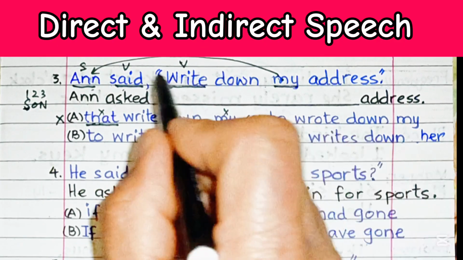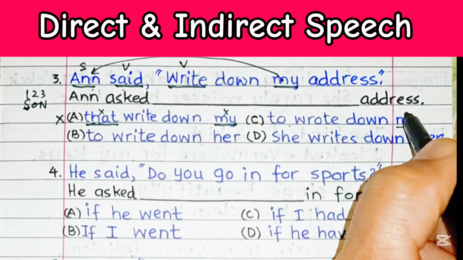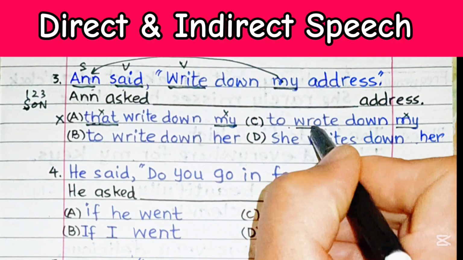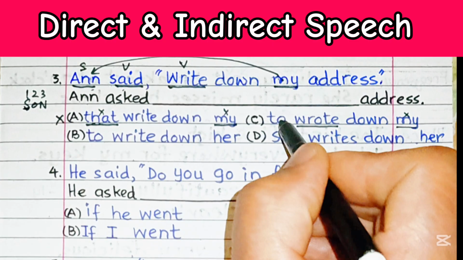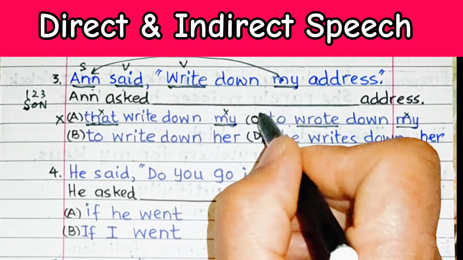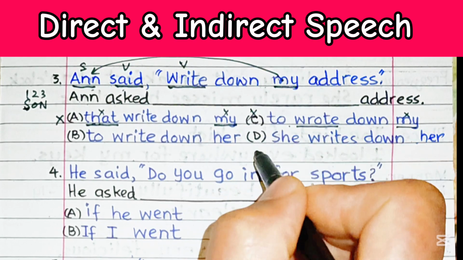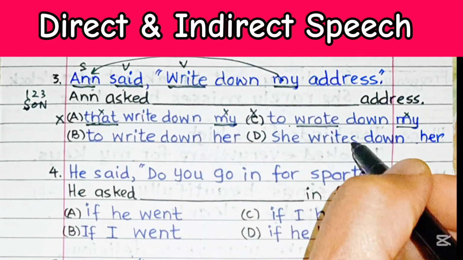Then Anne asked to wrote down my, again my is not changed, and then to is an infinitive, to write. To followed by the basic form or the simple form is an infinitive, which is wrote over here, so we don't recommend this, so this is also incorrect. Then Anne asked, she writes down her.